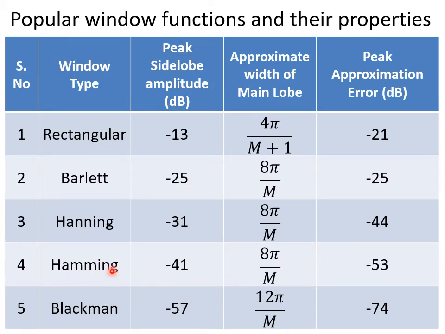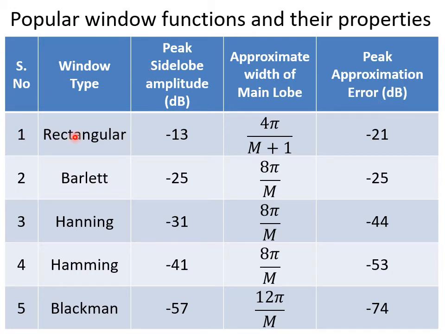Now these are the characteristics of these popular window functions. We have 5 columns here: the serial number, the window type, the peak side lobe amplitude, the approximate width of the main lobe, and the peak approximation error in decibels, which is 20 log of delta or minus 20 log of delta.